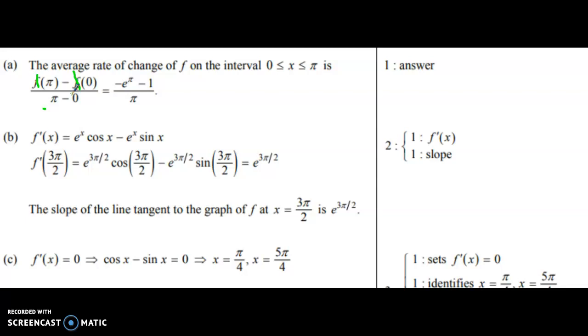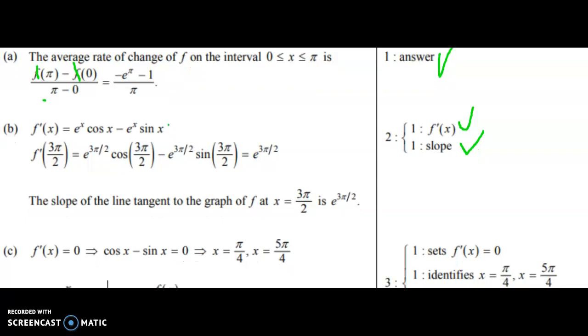That would not give you the credit, but you can use the E and the sine and get full credit for that average rate of change. In part B, we found the first derivative, so there's 1 point for correctly finding the first derivative and 1 point for evaluating the slope, and you may leave that in an exact valued form. You do not have to simplify anything to get the full credit.